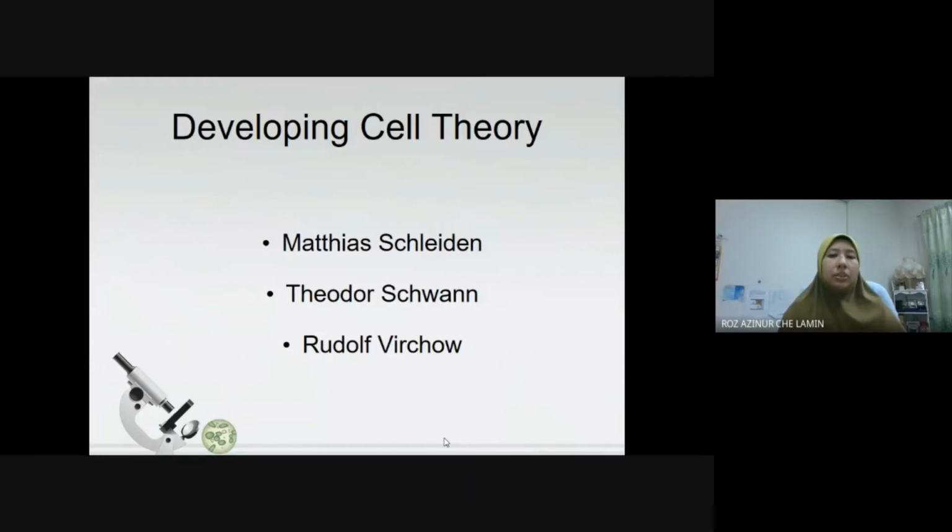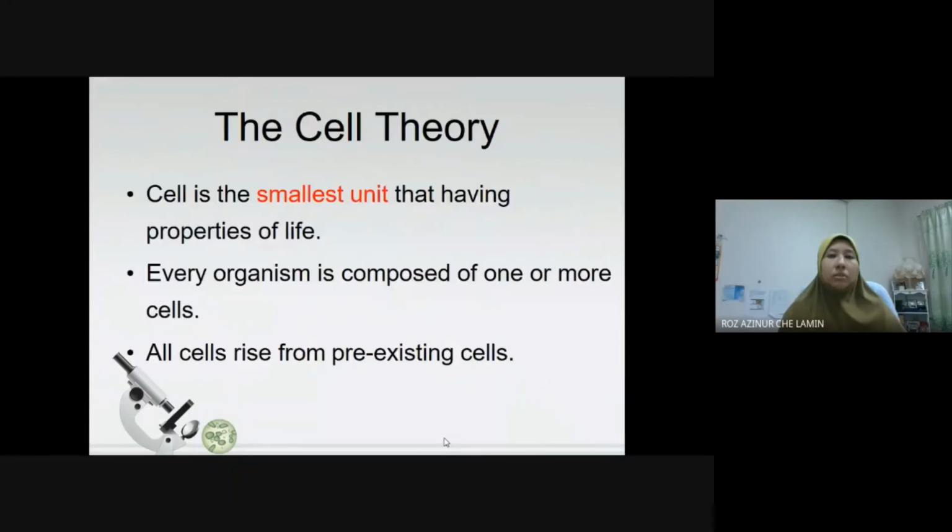Second is Theodor Schwann. Third is Rudolf Virchow. Okay, the cell theory: the cell is the smallest unit having the properties of life. Every organism is composed of one or more cells. All cells arise from pre-existing cells.